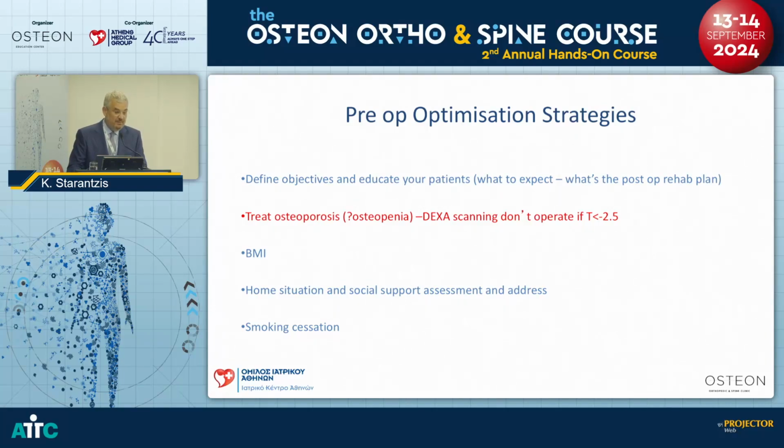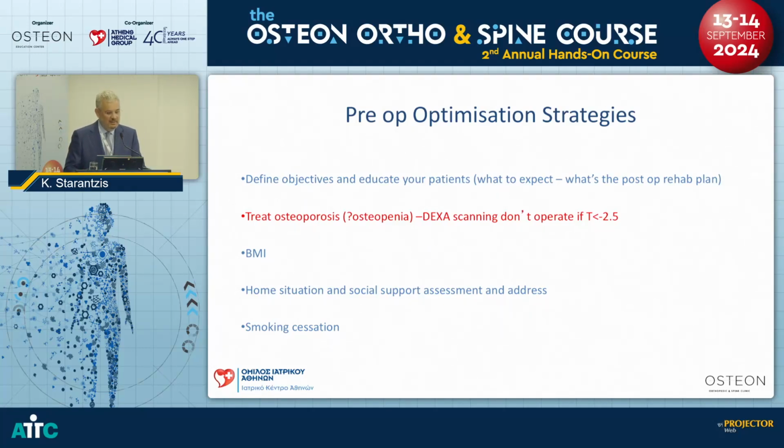BMI, if we can improve it, would be of great help, but this is difficult. Most of the time they tell you, I can't move, I can't lose weight. So you need to take into consideration the home situation, the social support assessment, and address all this. You can't do a scoliosis correction in a lady with no support and let her go.